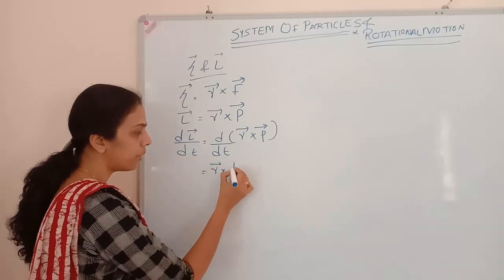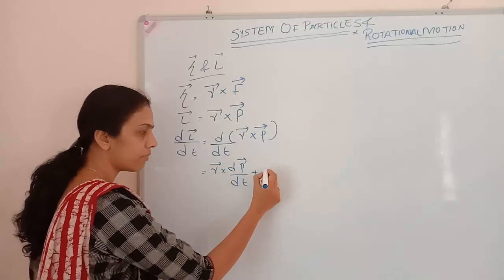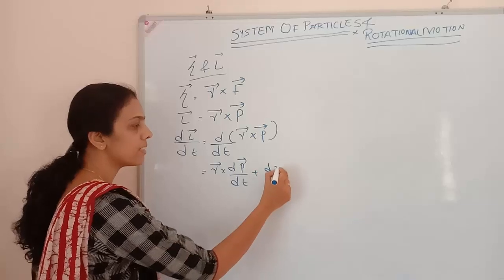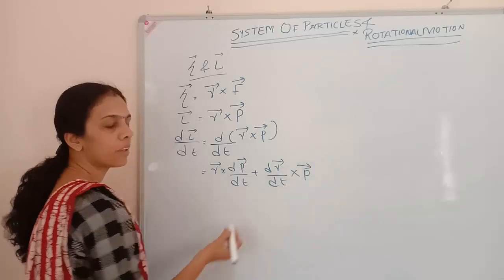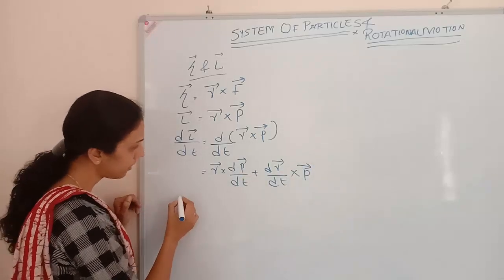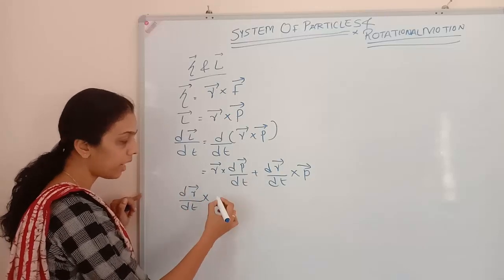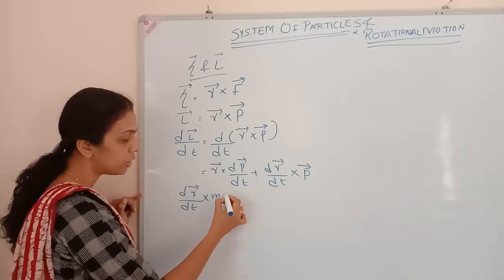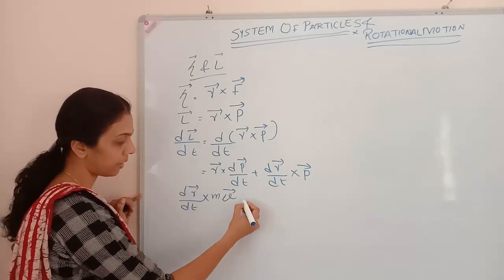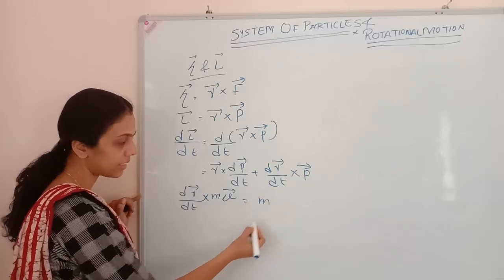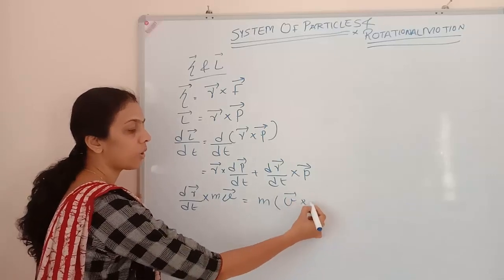First function into differential of second plus second function into differential of first, that is dr by dt cross P. Here first I am considering dr by dt cross P. I can write P as m into v, so dr by dt cross mv. m is a constant, so I take it outside, and dr by dt is v, so v cross v.